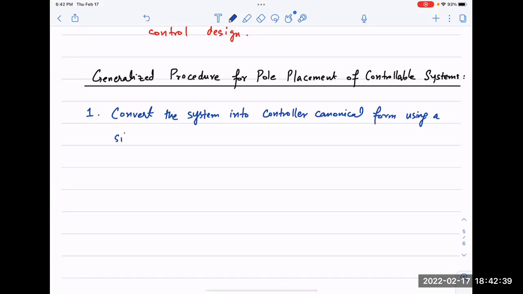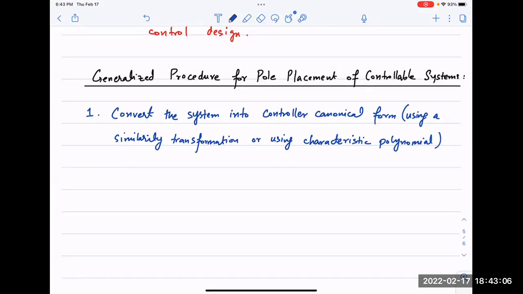You can have multiple ways to do it, or using the characteristic polynomial. Remember, the characteristic polynomial for a system is the same no matter which form it is. That's why we call it characteristic, because it's unique to a particular system.